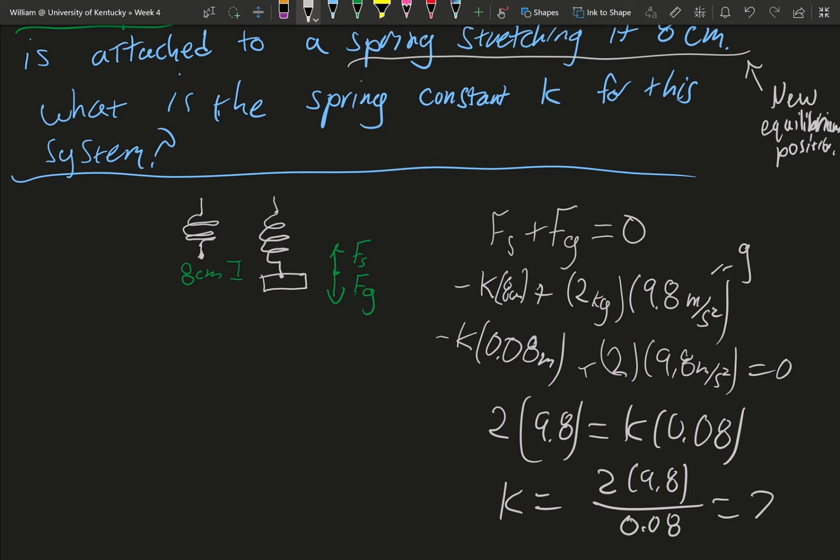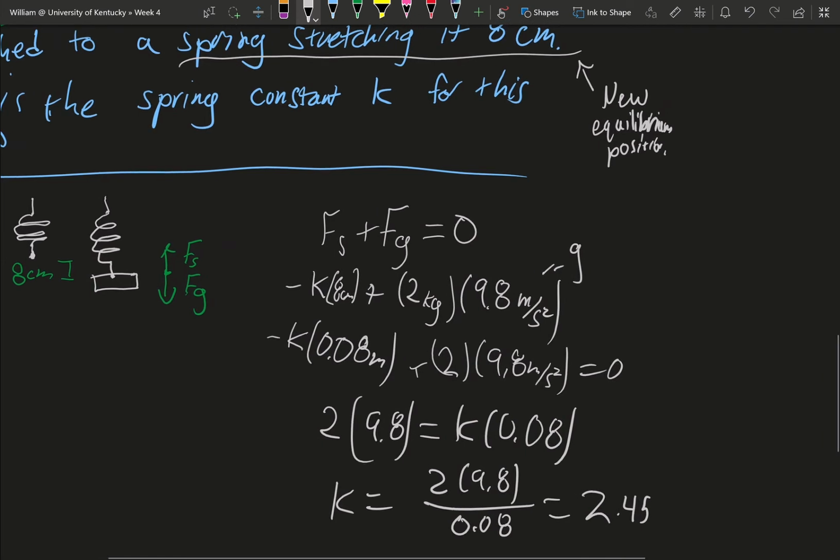And that is going to simplify down to 245. And if we have to attach units to this, it would be newtons per meter, or equivalently, kilograms per second squared. But I think newtons per meter is the better way to think about this, because it's taking a distance and converting it to a force.